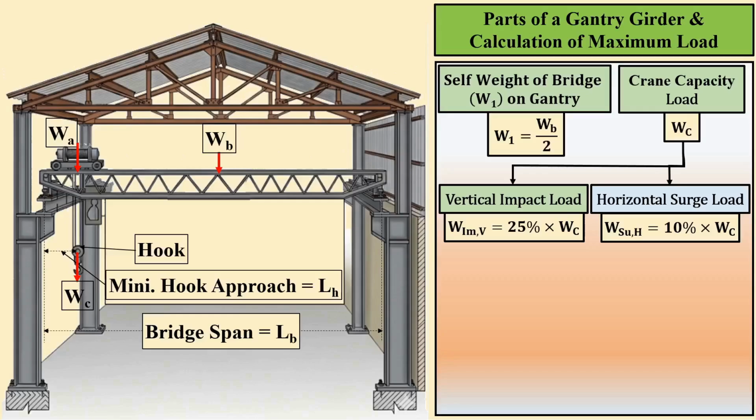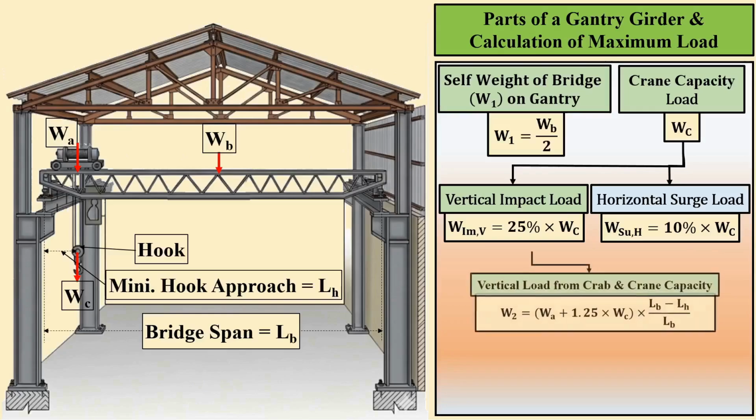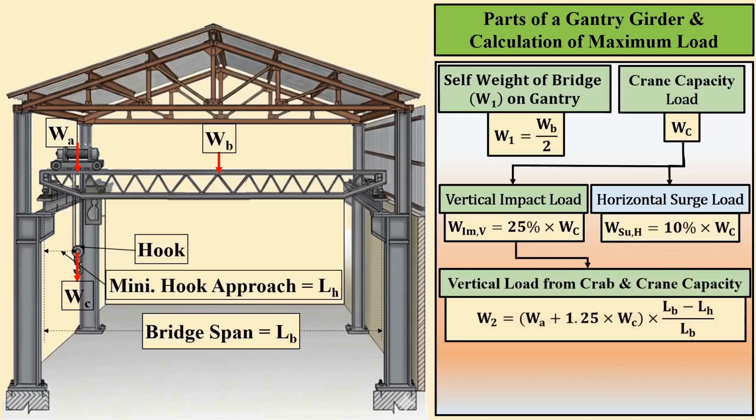We must incorporate these two loads into our calculation of the total load from the crab to ensure the gantry girder is designed for the most critical conditions. Now, let's calculate the total vertical load from the crab and the crane capacity, which we will denote as W2.